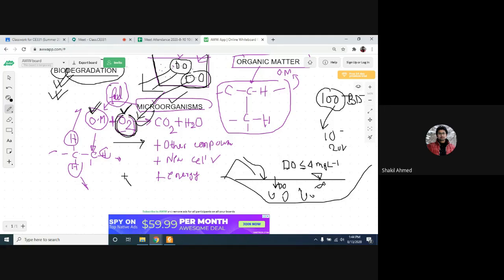So this oxygen is in fact a measure of how much organic matter, that means the pollutants, are present in your water body, in a pond or any other sources of water.